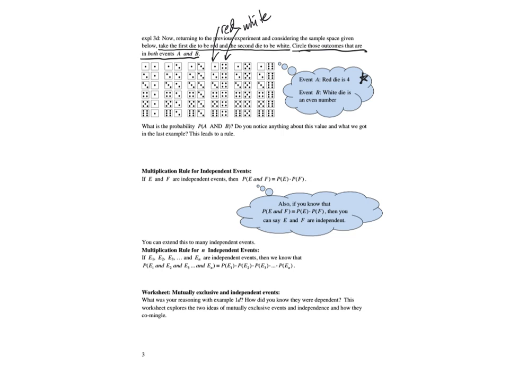I need the red die to be 4. The red one is the first one, so all of those are in event A. Event B is the white die is an even number, and the white one is the second die. Let's see.